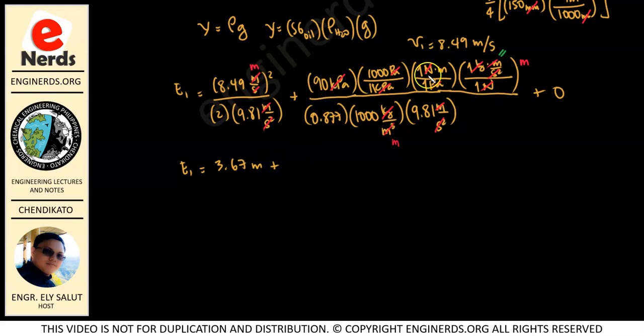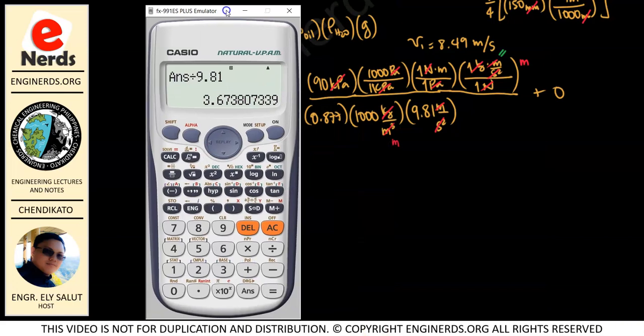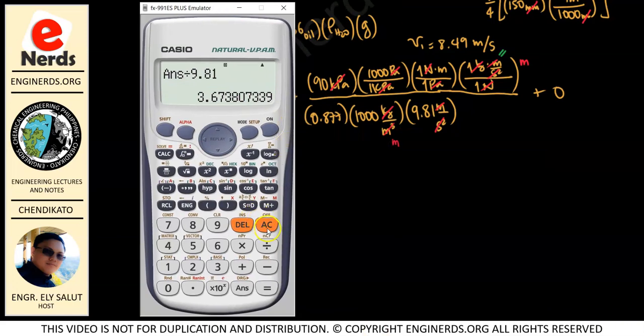Plus, now let us compute for this value. Okay, so we have 90 times 1,000. So we have 90,000 sa ating numerator divided by 0.877 times 1,000, then divided by 9.81.